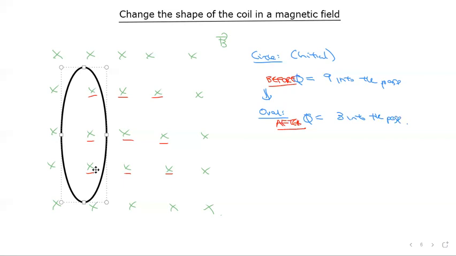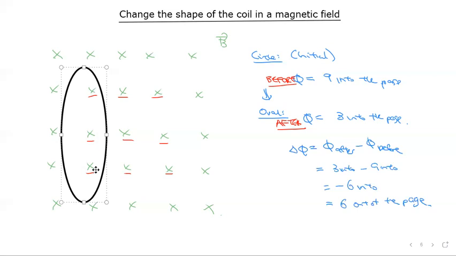If you have trouble working out which way it is, just remember the way you get change in flux, as with change in anything, is the flux after, or final, minus flux before, or initial. So that's basically 3 into minus 9 into, which is, if you like, negative 6 into, which is 6 out of the page.